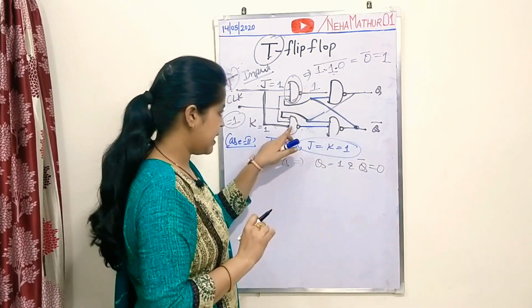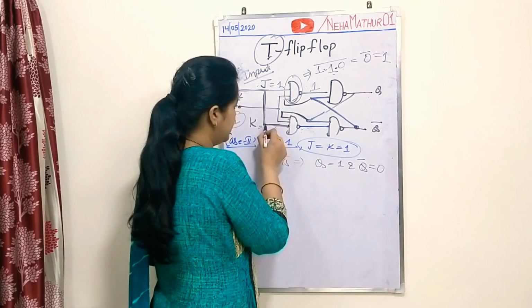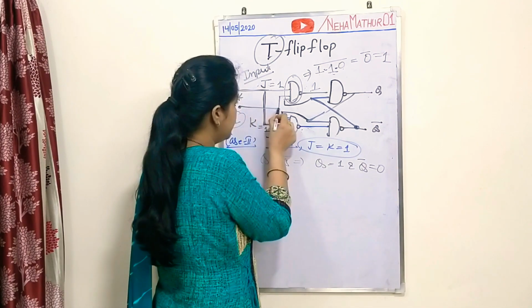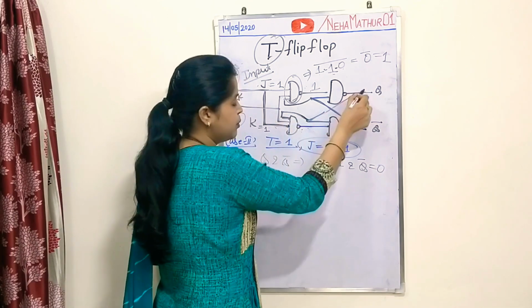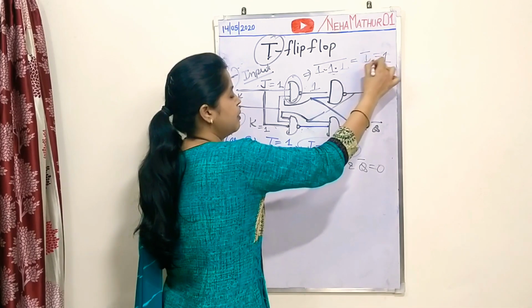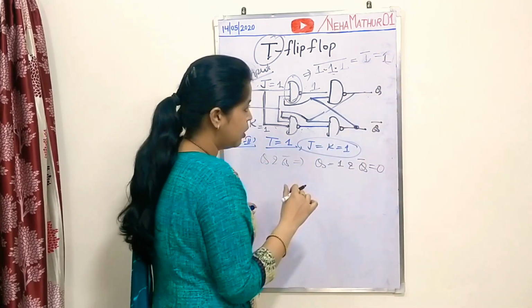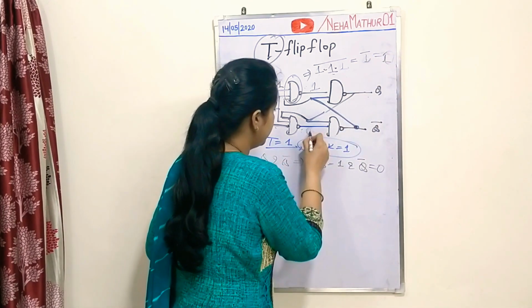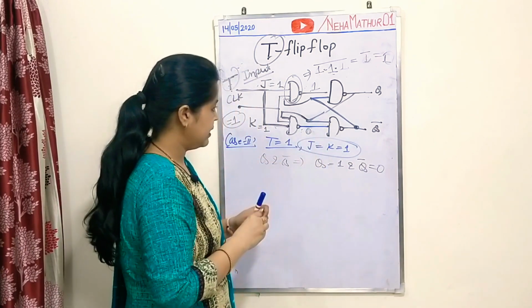Now come to this NAND gate where the first input is 1, the second input is also 1, and your third input is also 1. So 1.1.1 will be 1, and the complement of 1 will be 0. So now you will have here 0. Fine.